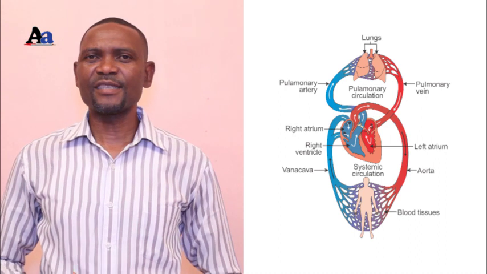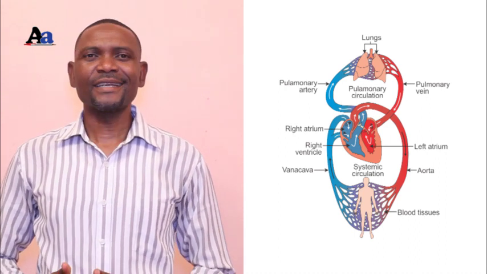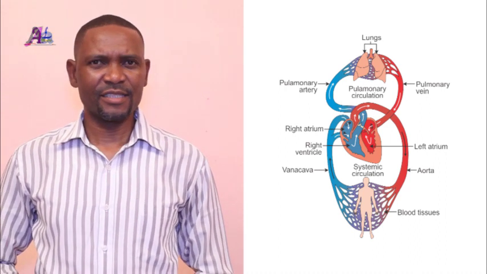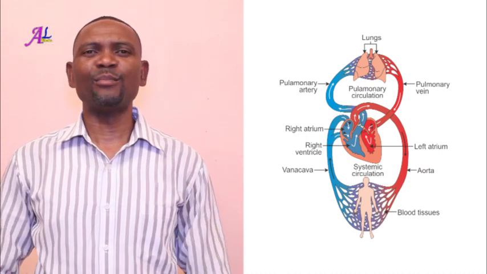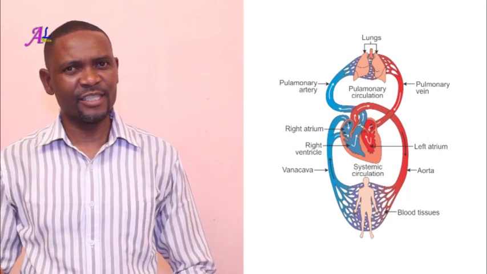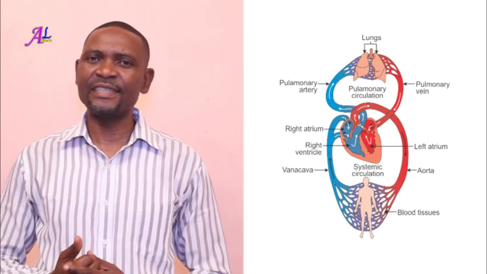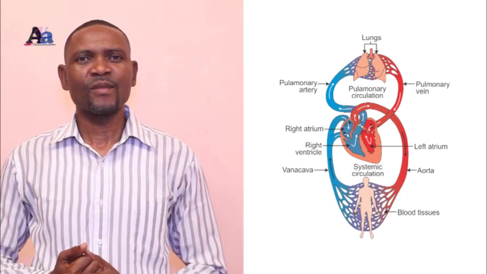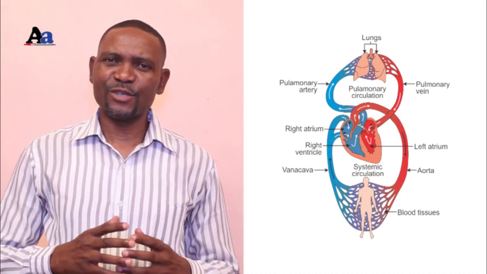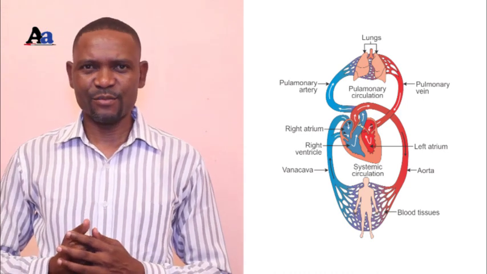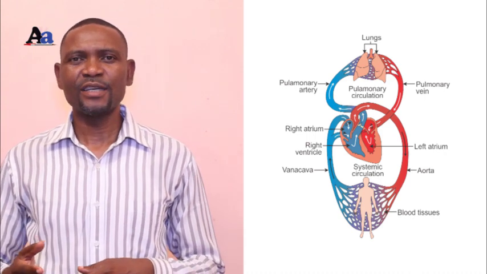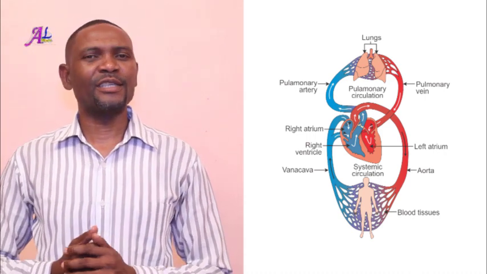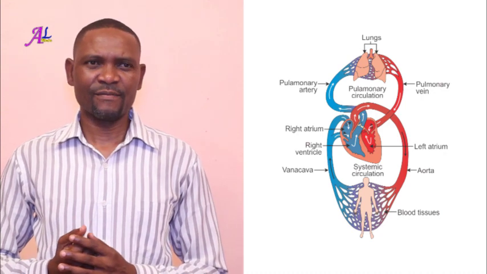The systemic circulation takes blood to the head, to the limbs, and the abdominal parts like the liver, the kidneys, and the intestines. The different components of the circulatory system work individually, but also work as a team to enable the movement of materials all over the body.